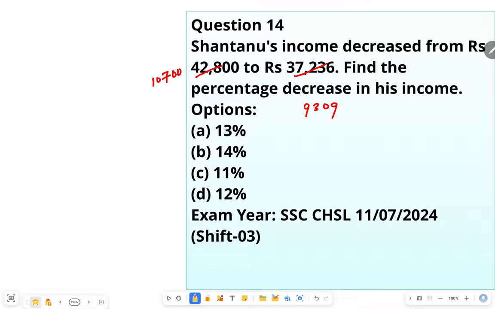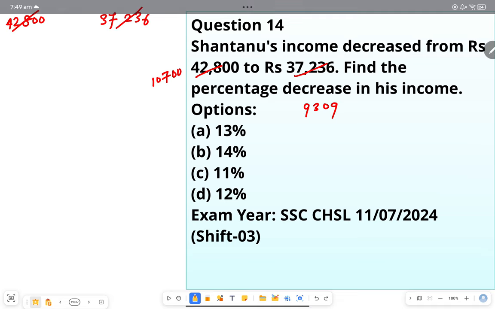And now look at these two numbers. The income was 40,800, and then 37,200. If you divide these two numbers by 4, how much will you get?